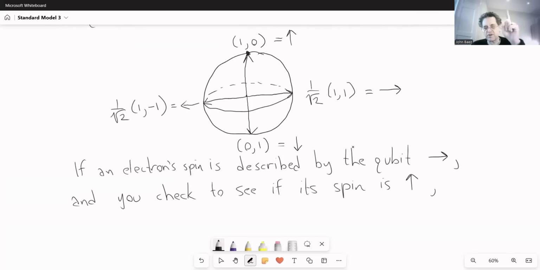You know it's not pointing up, it's pointing to the right. But electrons are weird. Quantum mechanics is weird. We can check to see if its spin is up, and we get the answer, yes, it is pointing up with this probability.